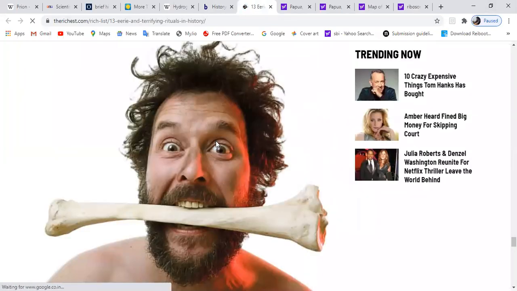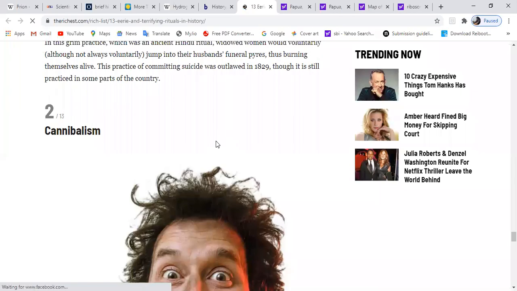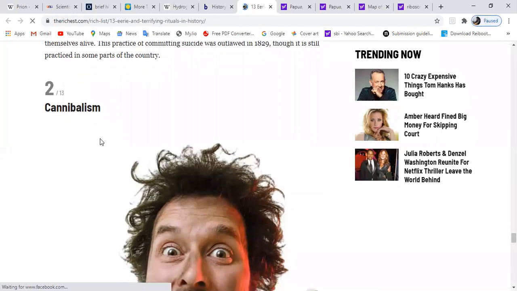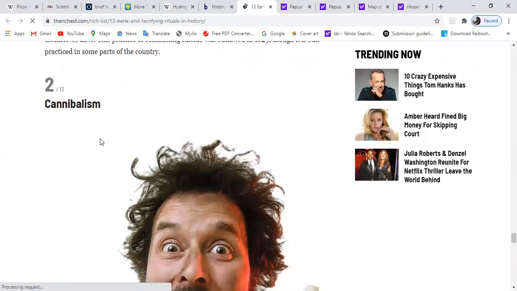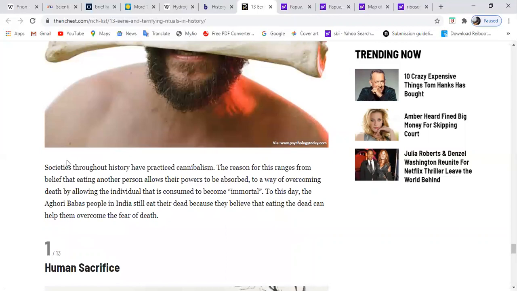So actually, when humans start eating humans, this is a ritual in some of the tribes, and this is called cannibalism. There are different traditions in different communities and tribes, in fact, and cannibalism is one of them. Societies throughout history have practiced this type of activity when humans ate humans.